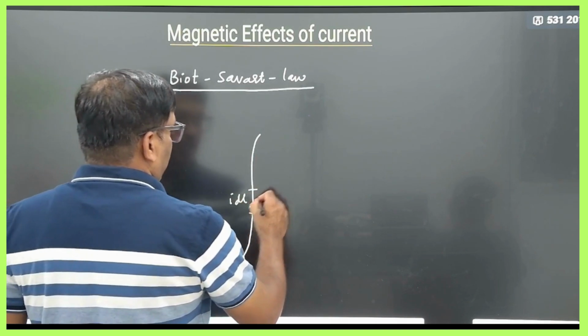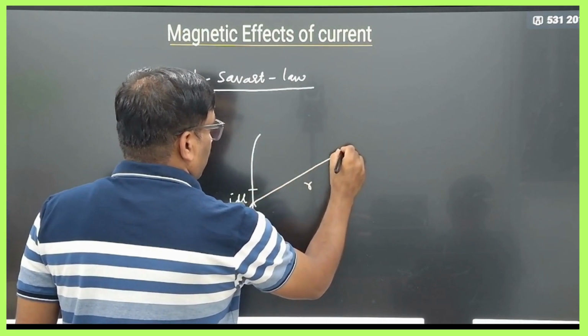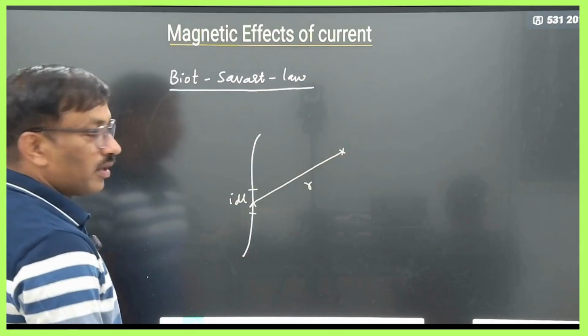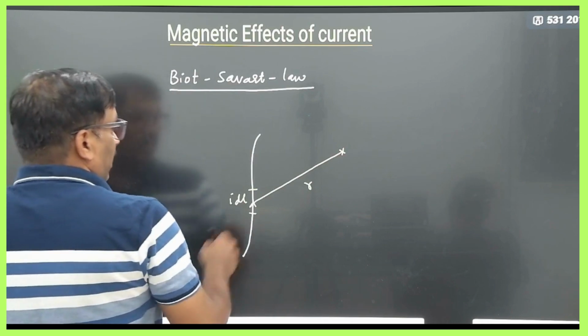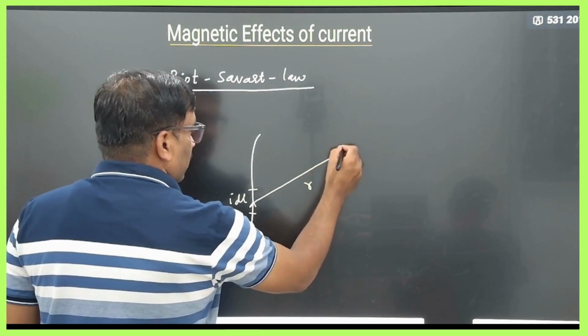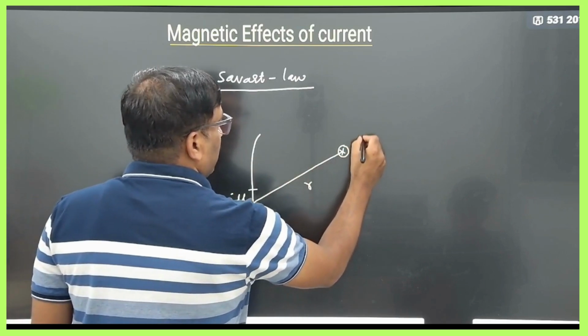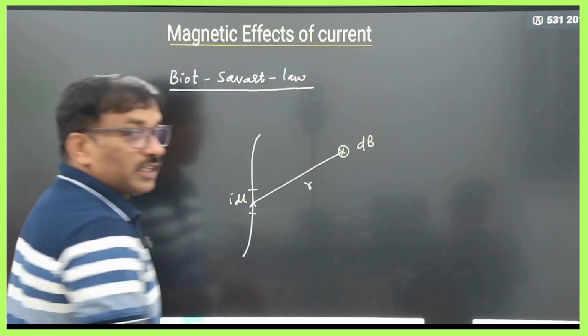At a point at a certain distance r, we want to calculate the magnetic field, right? As per Biot-Savart, the magnetic field dB generated at this point due to the small element depends on what factors?